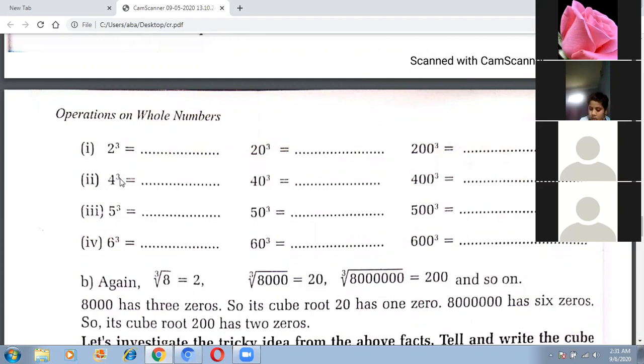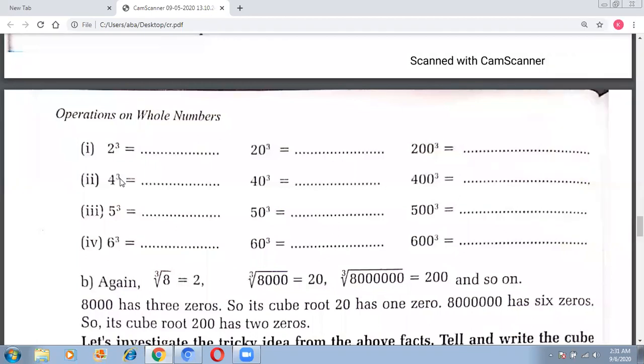Yes. And 4 into 4 into 4, 64. What is the cube of 40 now? 64,000. You don't understand? बुझेको छैन यो टेक्निक? भर्खर मैले भनेको. Now in 400 cube also, 4 into 4 into 4 what? 64. Yes. How many zeros are there in 400 cube? 6 zeros. So you write at last 6 zeros. Yes.